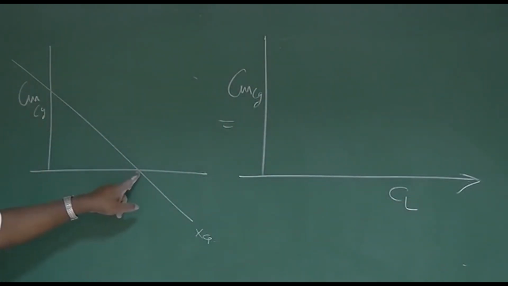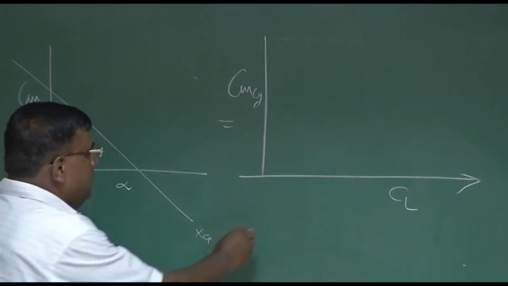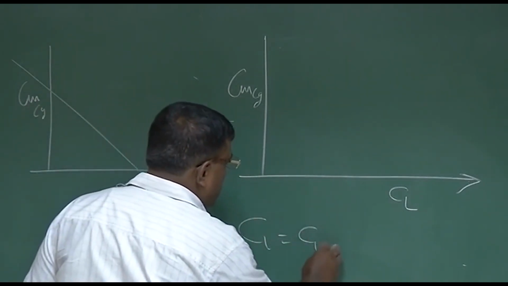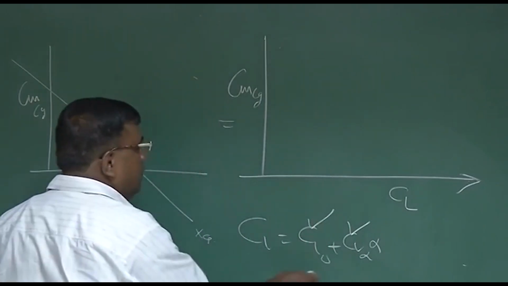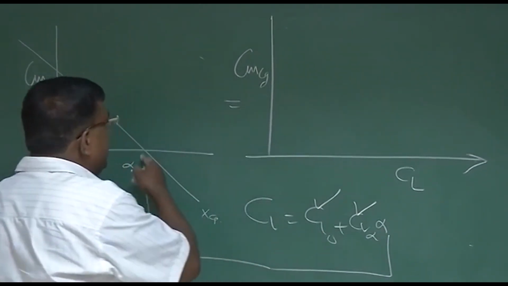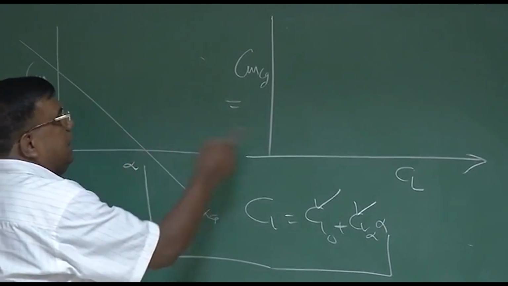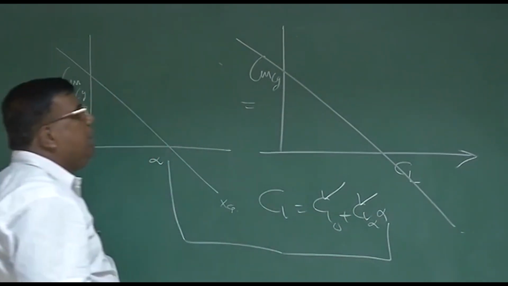After all, if I know alpha, I know the corresponding CL, because CL is nothing but CL naught plus CL alpha into alpha. I know CL alpha, I know CL naught. So once I know alpha, I know what CL is, so I can scale it up.